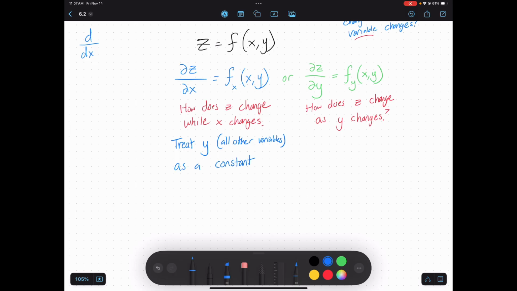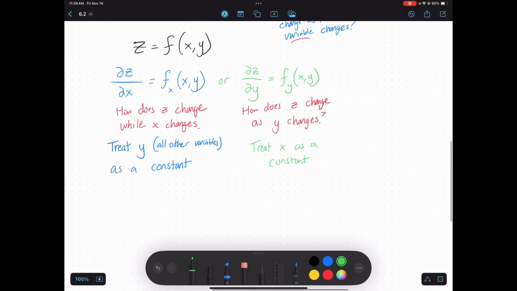We're going to treat y as if it's not changing, if it's just some constant value. And on the other side, if we're taking the partial derivative in terms of y, we're going to treat x as a constant, or really any other independent variable. We're going to treat all the other independent variables as constant, as if they're not changing.